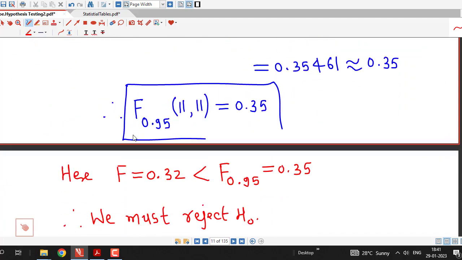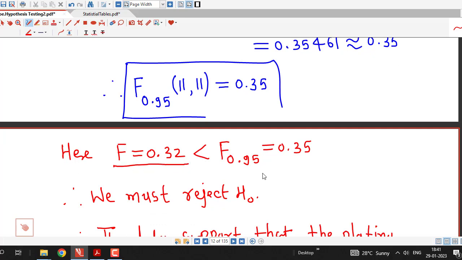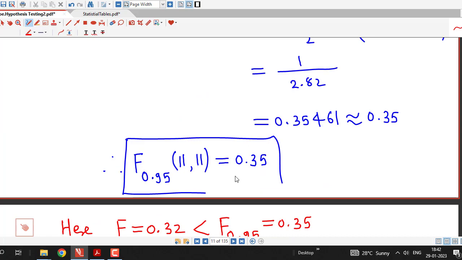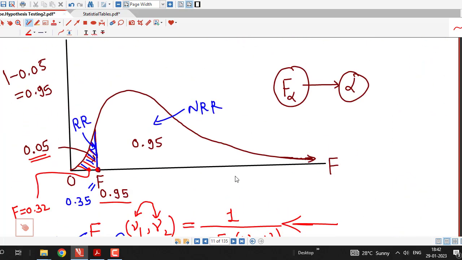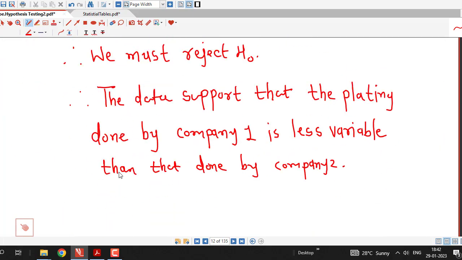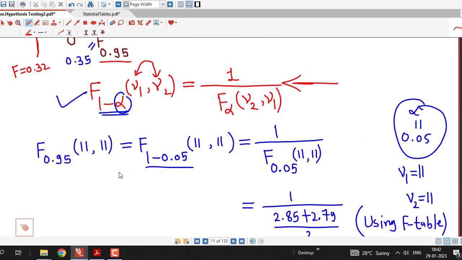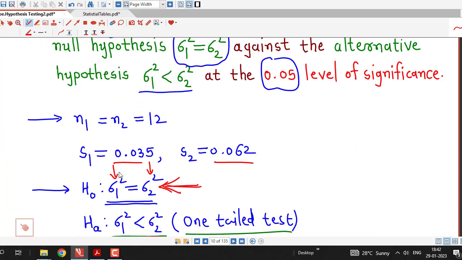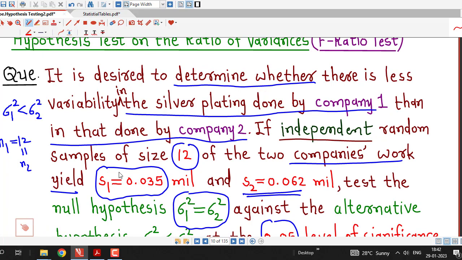After that we compare the calculated value of the test statistic with the critical value of the F distribution, and if we are in the rejection region, we reject the null hypothesis. Here the calculated value of the test statistic is 0.32, and it is less than 0.35, which is the critical value. Therefore we are in the rejection region, and we reject the null hypothesis. In this way we can answer this type of question using the F ratio test for the equality of two variances.